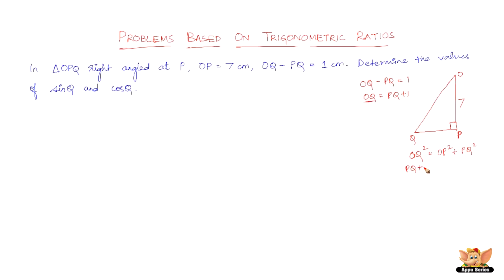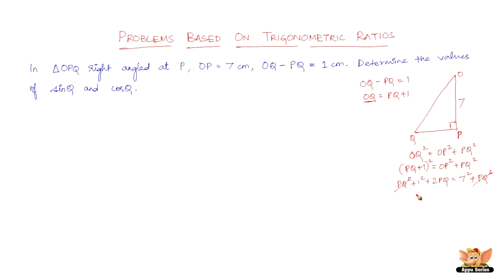So we've got PQ plus 1, the whole square, equals OP square plus PQ square, right? PQ plus 1, the whole square, is of the form A plus B the whole square. So that is PQ square plus 1 square plus 2PQ, A square plus B square plus 2AB, equals OP square, which is 7 square, plus PQ, we don't know, so it's PQ square. So PQ square gets cancelled on both the sides.